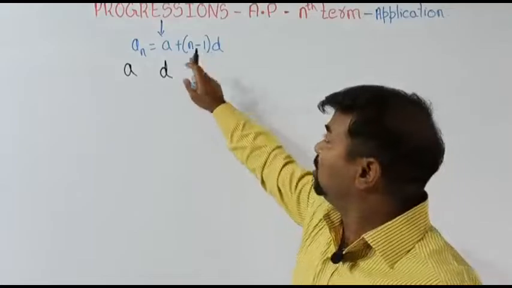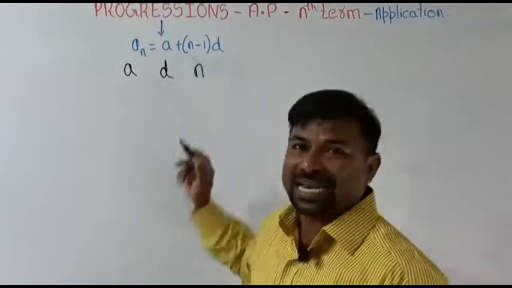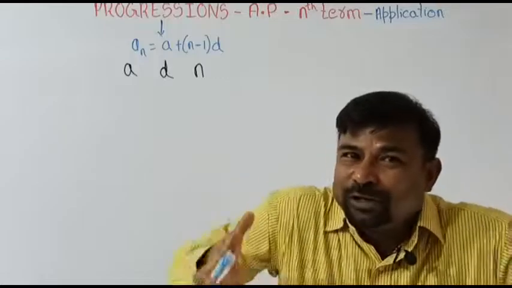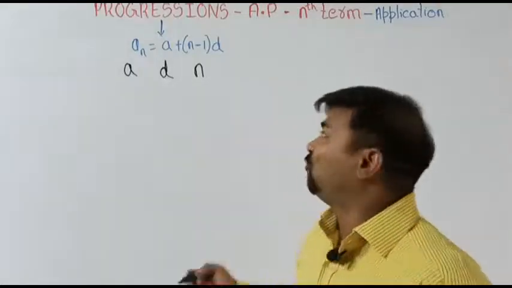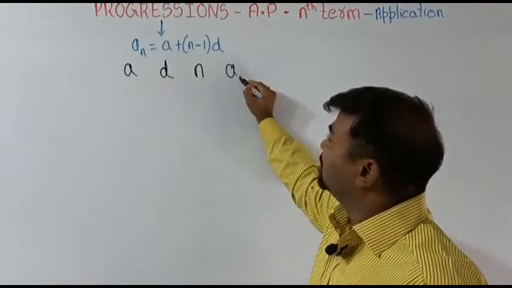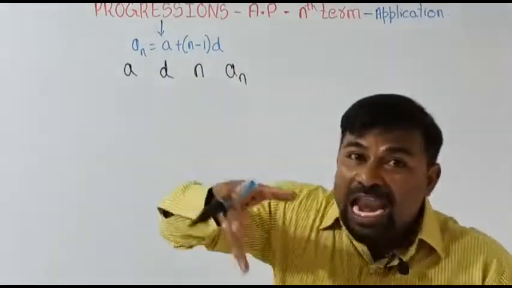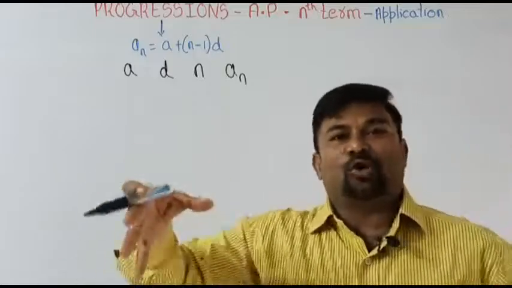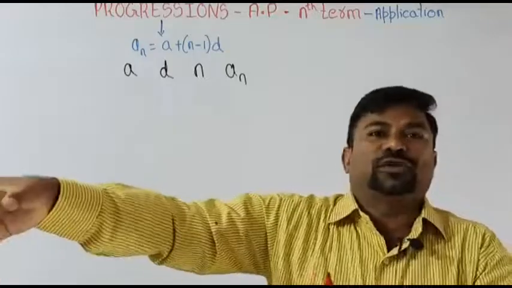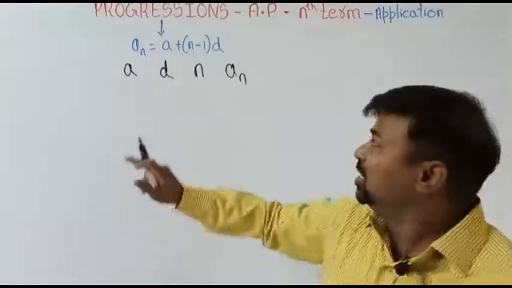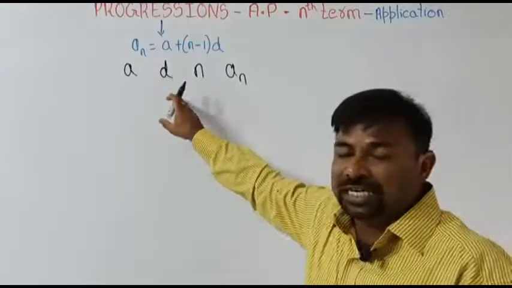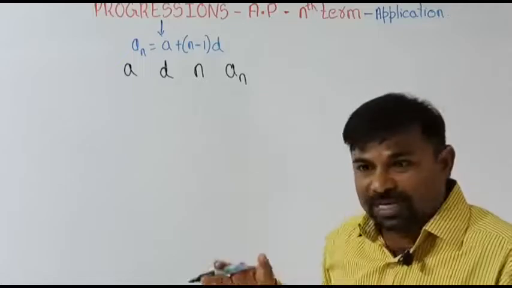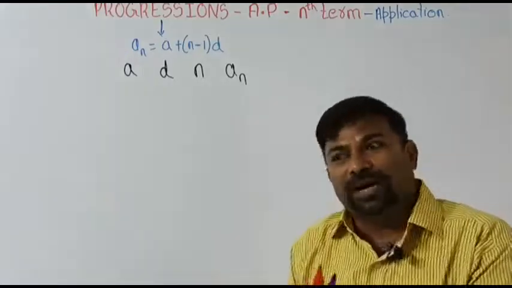The third variable is n, the roll number, or the position number, or the number of terms. And the fourth one is an, the value or the term sitting in that roll number, in that position.